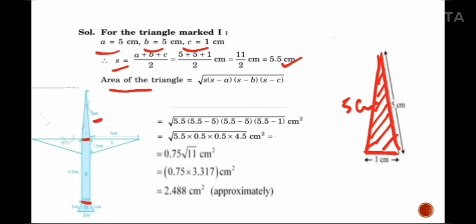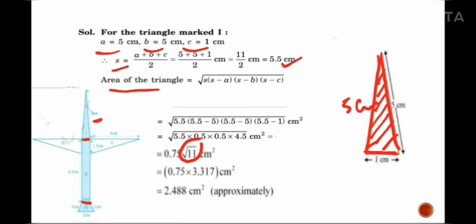Now you got this side as 0.5, this side as 1, and this is a right angle triangle. If you take AEB triangle, this is a right angle triangle where the hypotenuse value and the base value are given as 1 and 0.5.